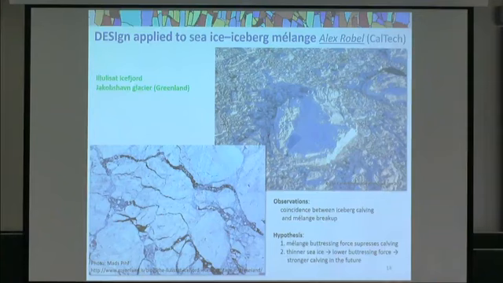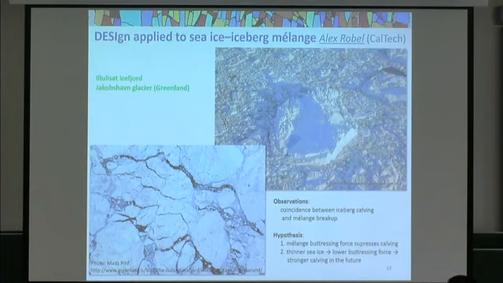And the related hypothesis is that as we observe thinning sea ice in recent years, the buttressing force may get lower and we may observe stronger calving in the future. Not only in the summer period, but also in winter, when at present we observe almost no calving.